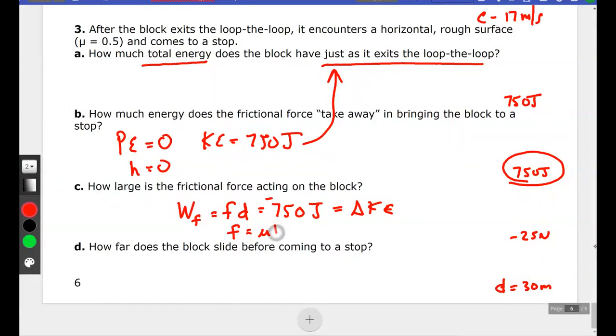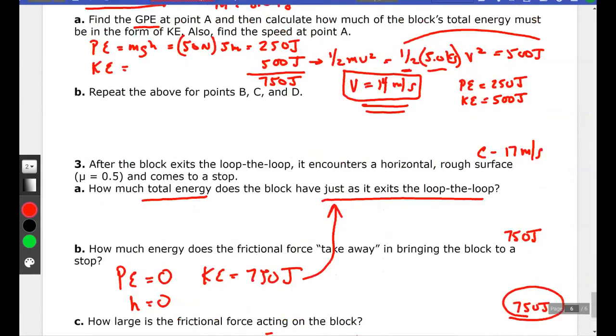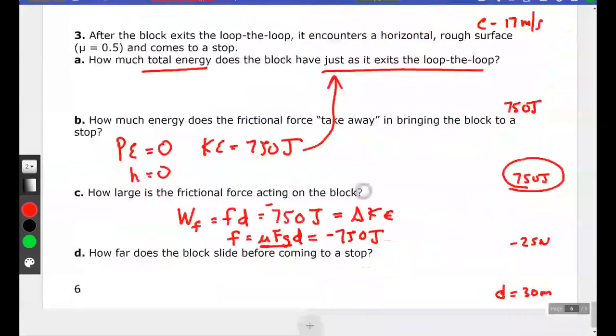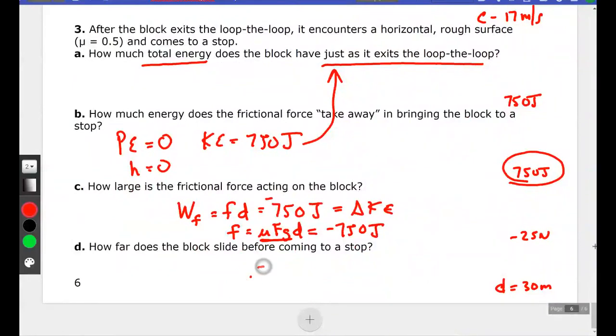It's a flat surface, so it's mu times Fg times D equals negative 750 joules. The coefficient mu is 0.50, times the weight of 50 newtons because it was 5 kilograms, times the D, which is unknown, equals negative 750 joules.